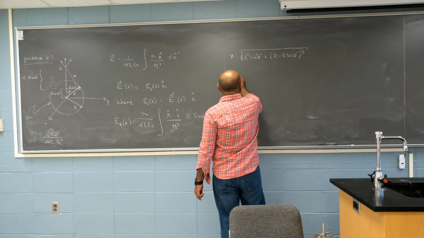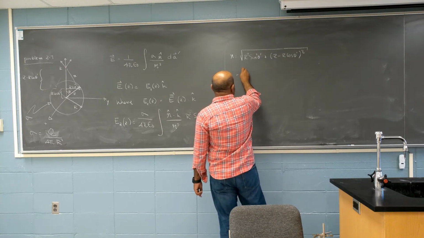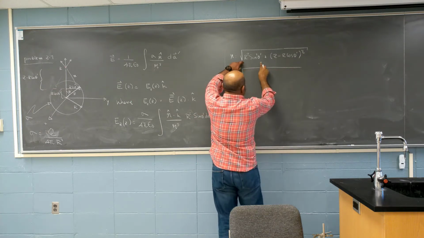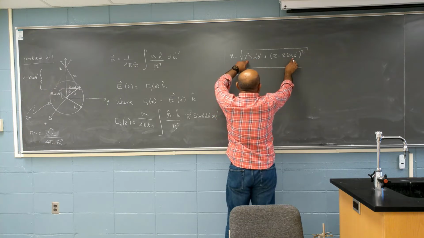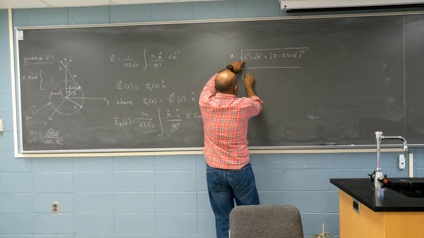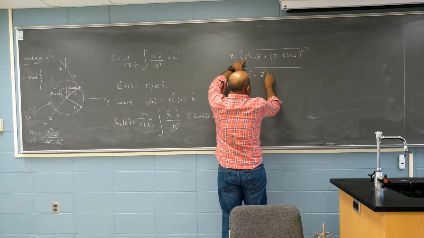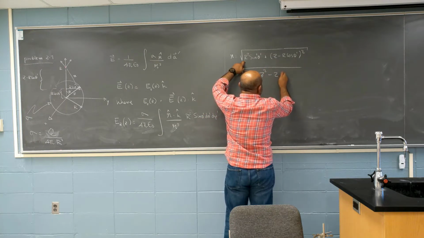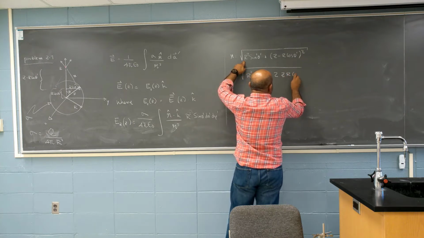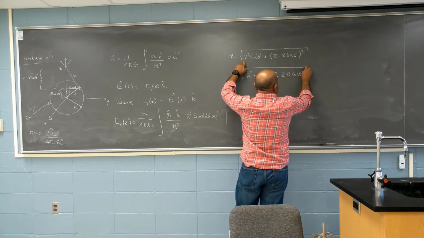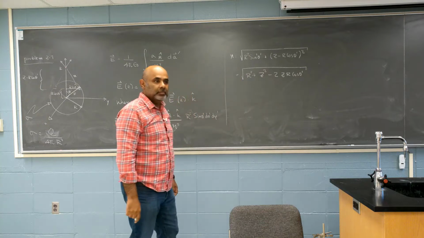Let's simplify that. I would get the square root of r squared, since sine squared and cosine squared give me r squared, plus a z squared over here, then a minus 2 z r cosine theta prime.